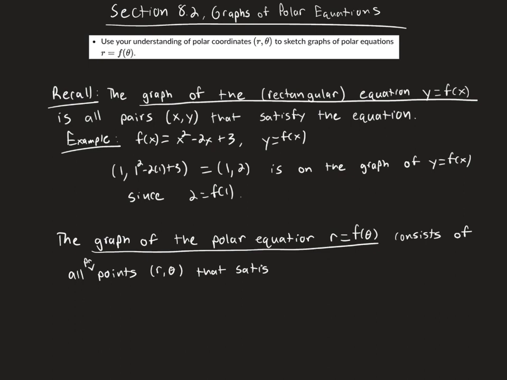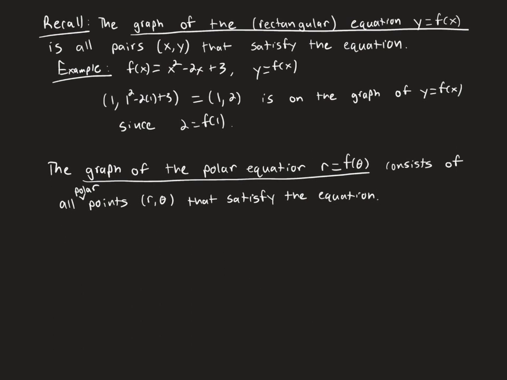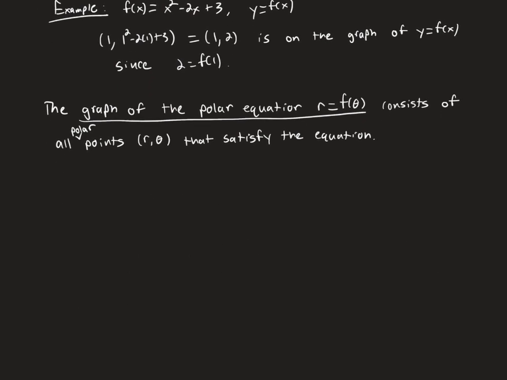These are polar points r theta that satisfy the equation, and the collection of all those points gives us the graph. So let's do a few introductory examples, and then we'll look at some more challenging examples.